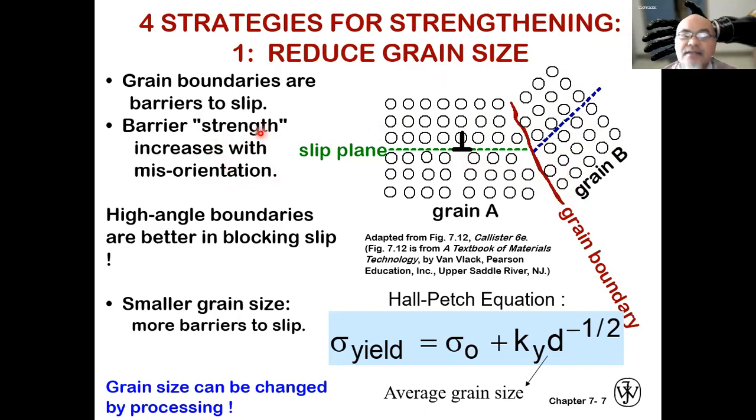So barrier strength increases with misorientation. The more the angle or the orientation of these two grains are different, then the stronger the barrier. If it is only slightly misoriented, of course, the slip plane may be easily transferred to the next grain.